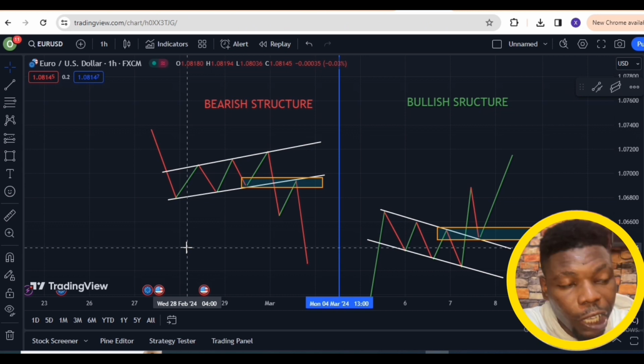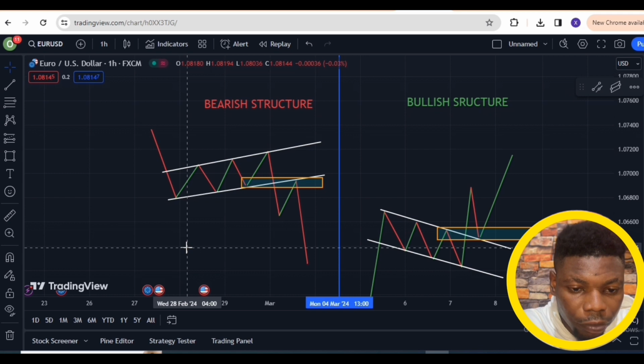For example, if the trend of the market is an uptrend, you know that if you are trading the flag pattern, you are looking for buys. You understand? It's a trend continuation pattern. It's not a reversal or any other thing you want to think about.